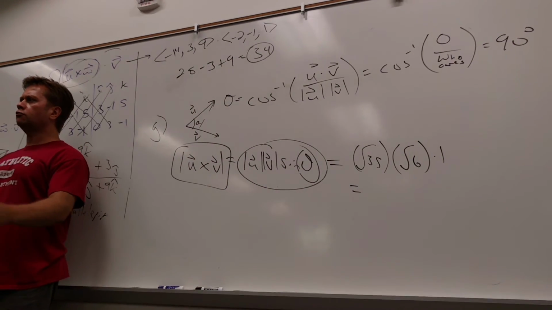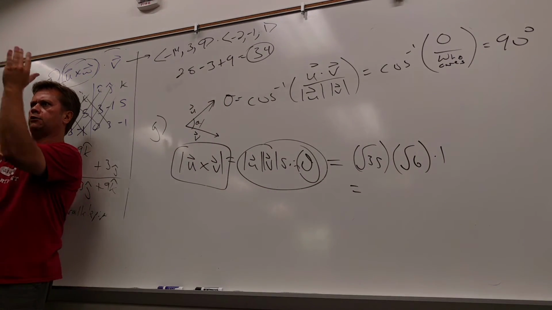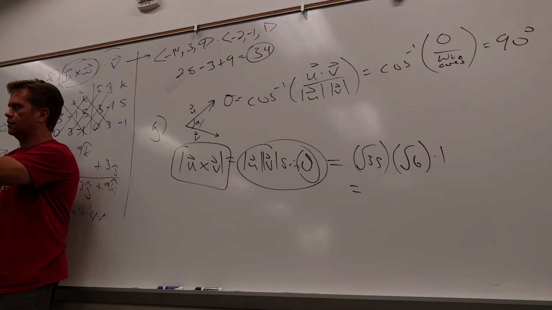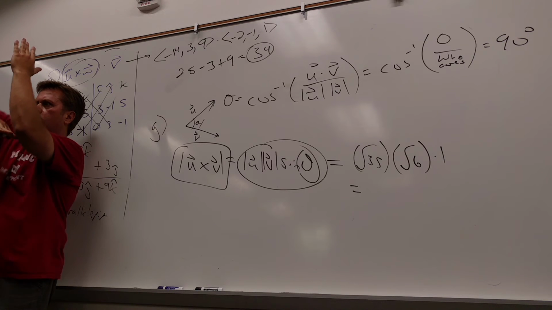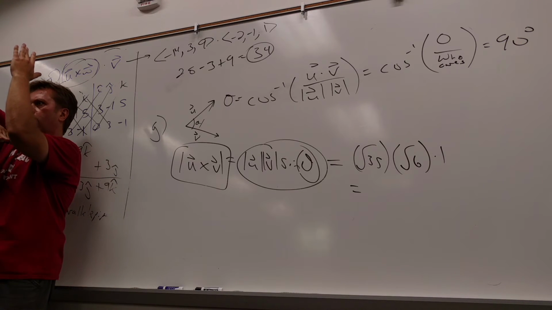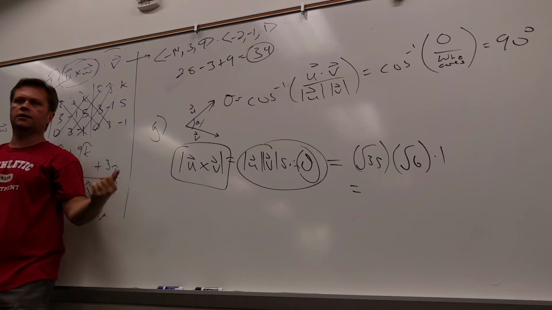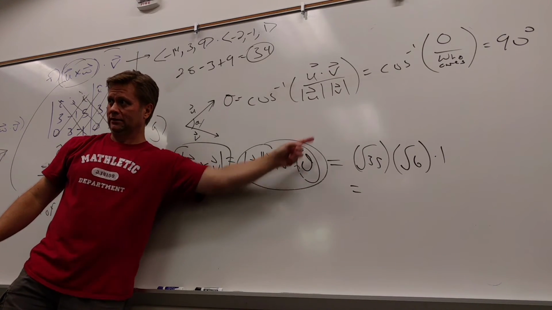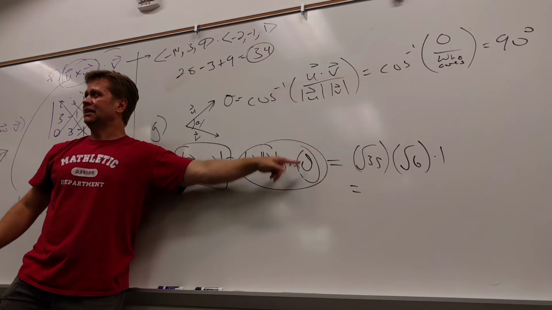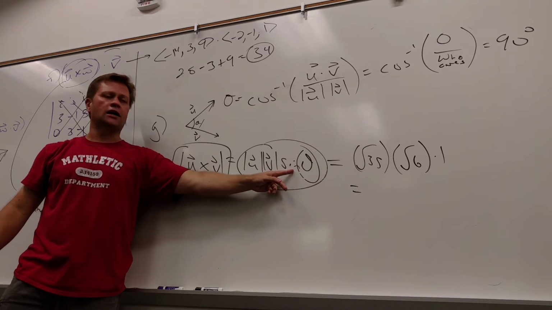Given two vectors, how do I orient them so the cross product is the biggest? I can let you turn this one around. How would you orient it so that the cross product is biggest? Make the angle between them 90. Where is sine biggest?